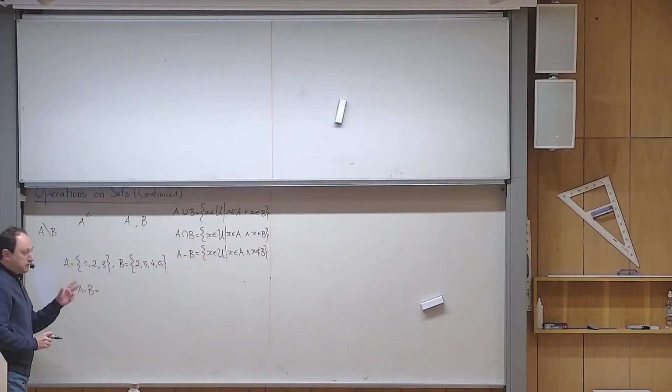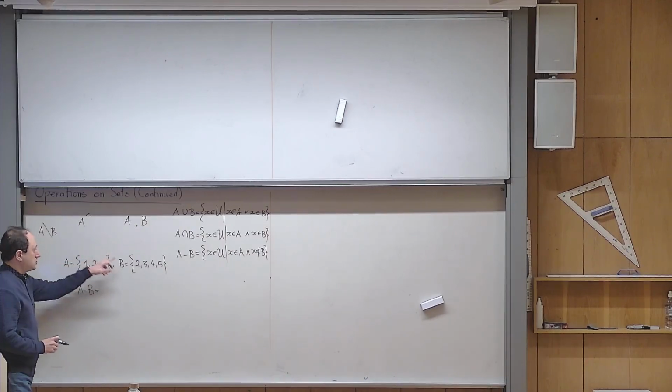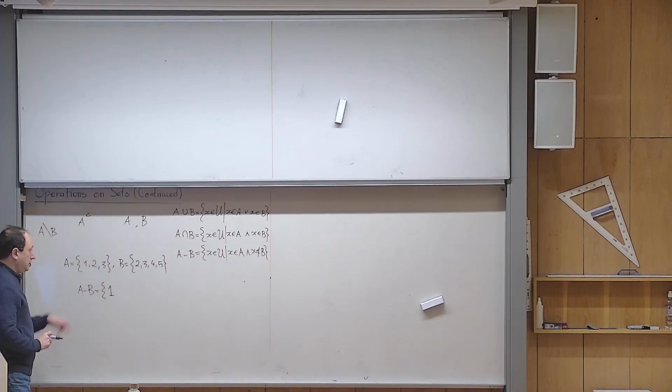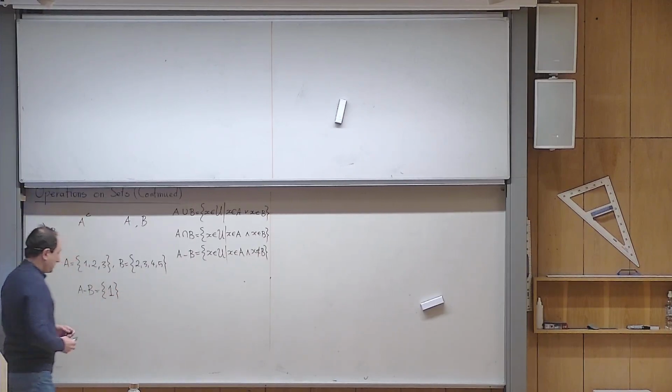Not the other way around, so don't get confused. So when I say A minus B, 1 is in A but it is not in B, so I consider it an element of A minus B. But 2 is in A, it is also in B, so I do not include it. 3 is in A and it is in B, so I do not include it, so I close it. So A minus B is this set.